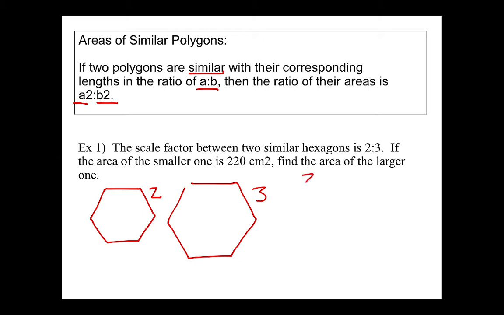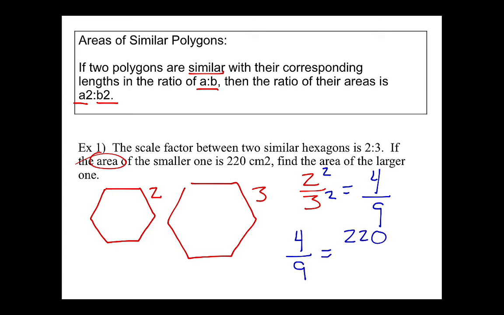So the scale factor is 2 to 3, but I'm comparing areas. That's the key word. And if I'm comparing areas, I have to square the numerator and denominator and say, well, my areas then are going to be in a ratio of 4 to 9. So now that I know what ratio to compare at, my areas should be 4 to 9. So that would equal the area of the smaller one, which would be 220, compared to what?